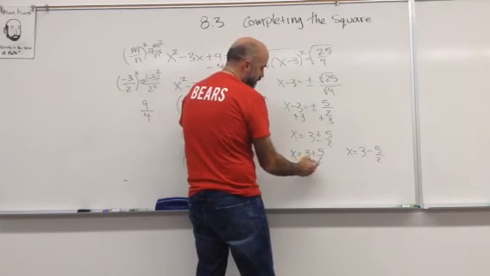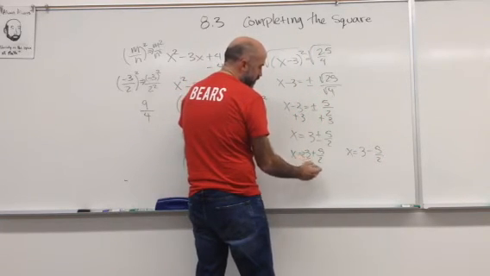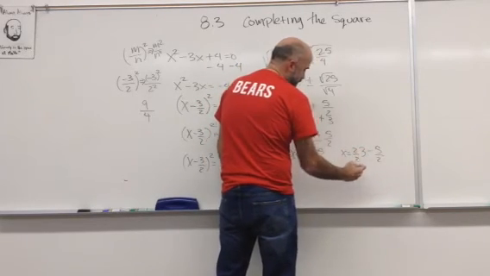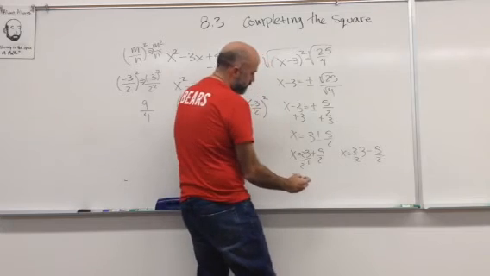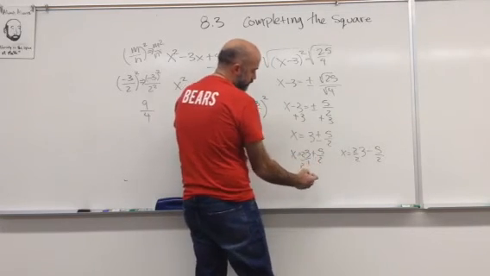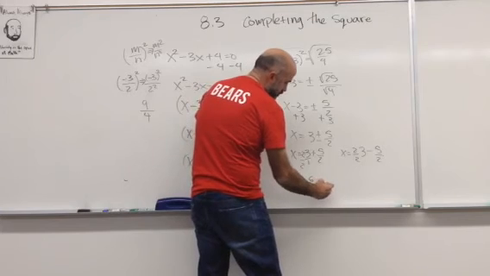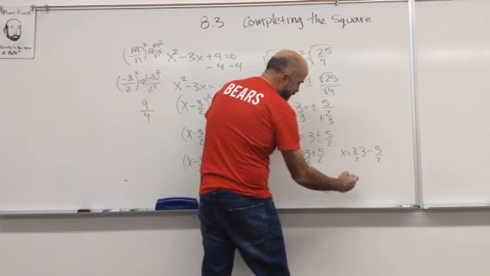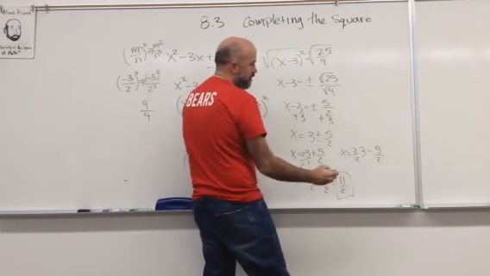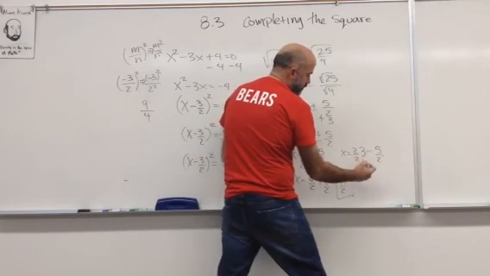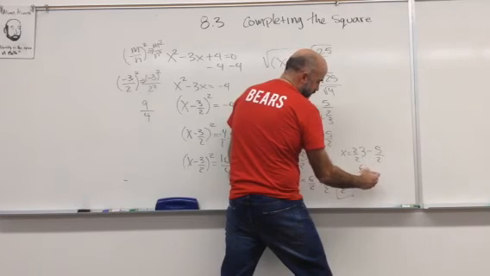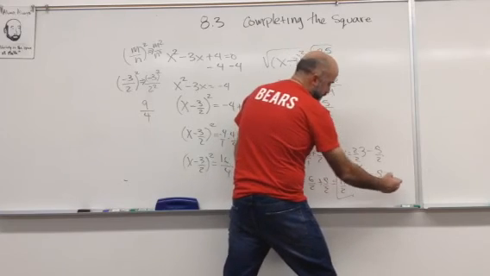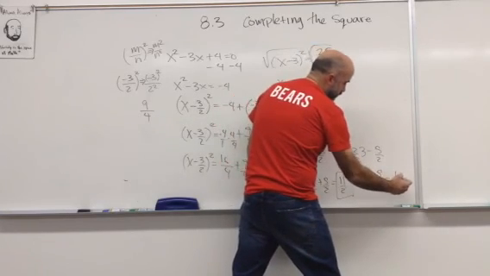So x equals 8/2, which is 4, and for the other, negative 2/2, which is negative 1.